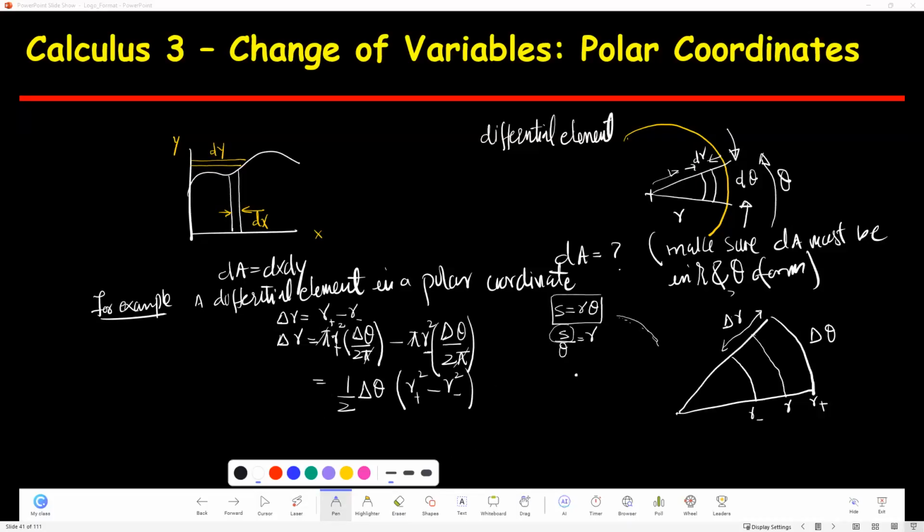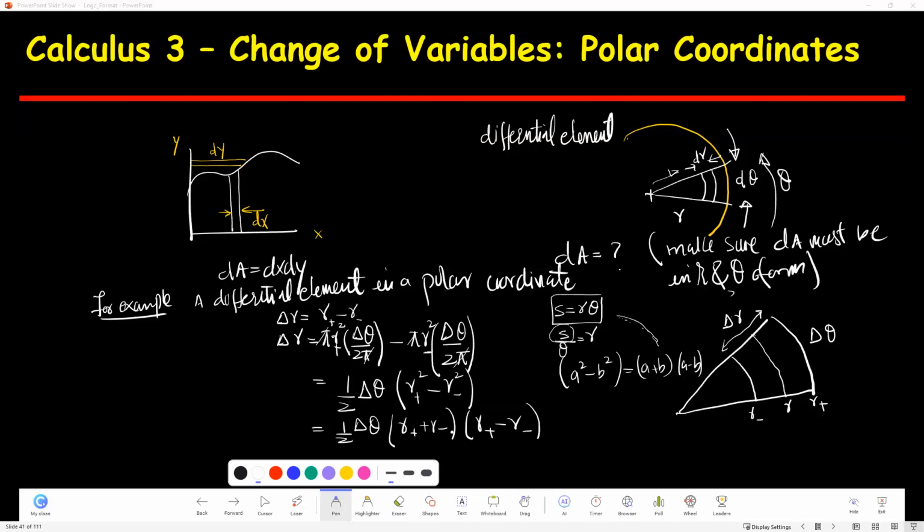I can expand r plus square minus r minus square by using this identity, a plus b times a minus b. I'm going to use this one, same one here. Plus r minus, and then r plus r minus.